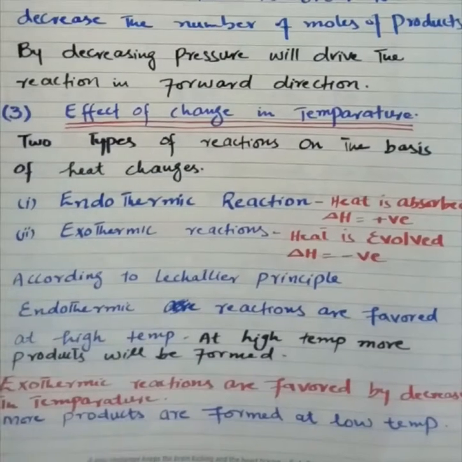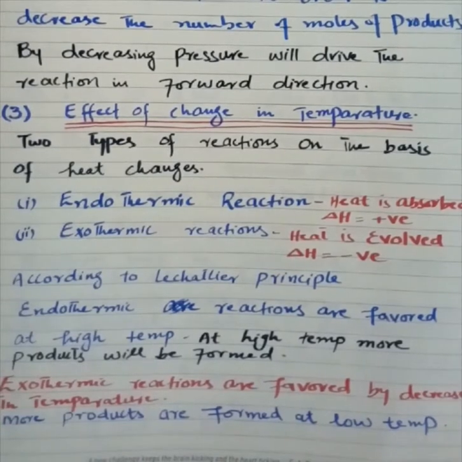Now next is the effect of change in temperature. On the basis of temperature, or on the basis of heat changes, we have 2 types of reactions. One is endothermic reactions, in which heat is absorbed and the heat of the reaction delta H is positive, and exothermic reactions, in which heat is evolved and delta H is negative.